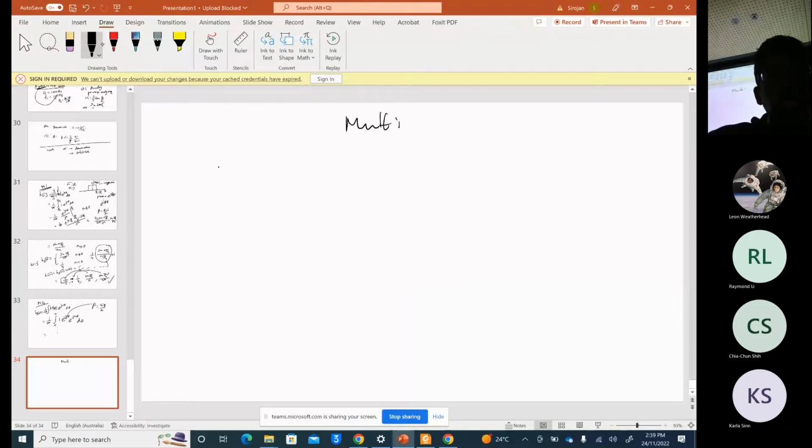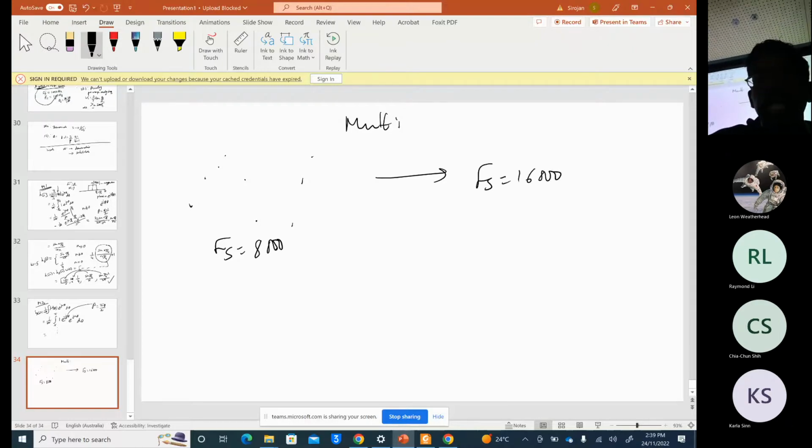You have this signal here with fs equal to, let's say, 8,000 hertz, and you are going to upsample it to fs equal to 16,000 hertz. That means for each second you will have 8,000 samples here, and here you will have 16,000 samples. Sorry, downsample, I'm sorry.